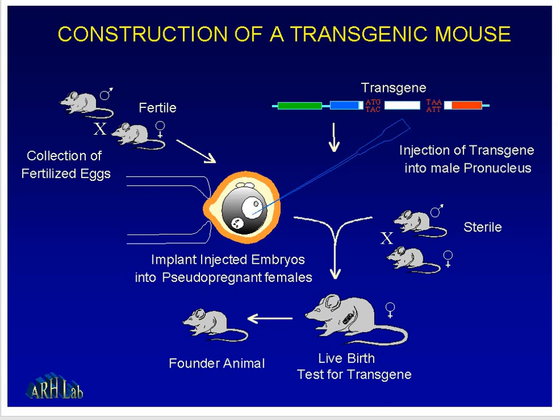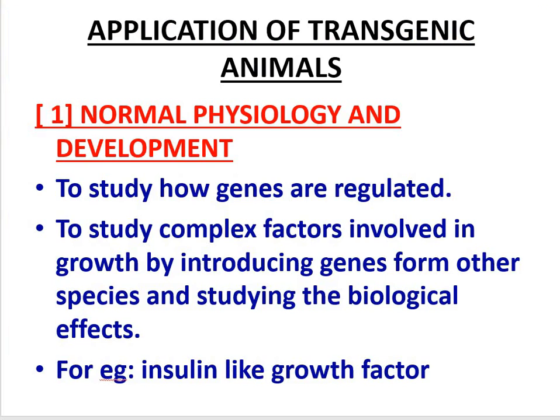So let us see various applications of transgenic animals, especially to humans. Transgenic animals are used to study the normal physiology and development. We know that there are various complex factors which are involved in the metabolic processes, and it is these factors which regulate the genes.